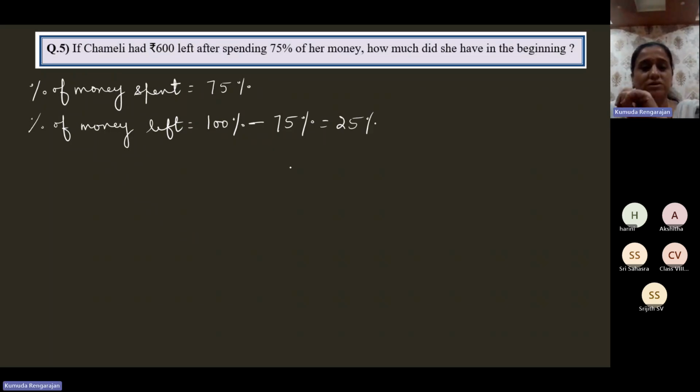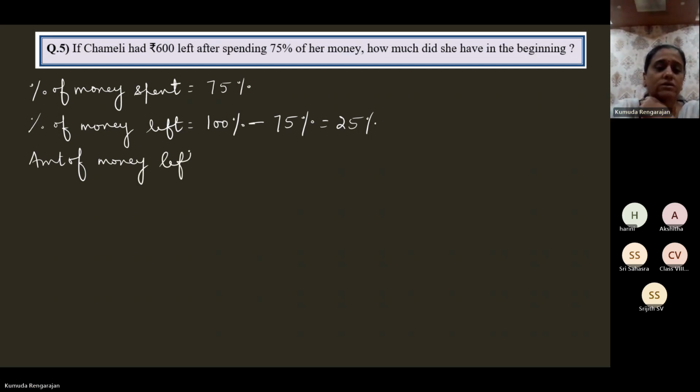Now 25% is the percentage of money left. What is the value of money left or the amount of money left? Amount of money left is equal to rupees 600.